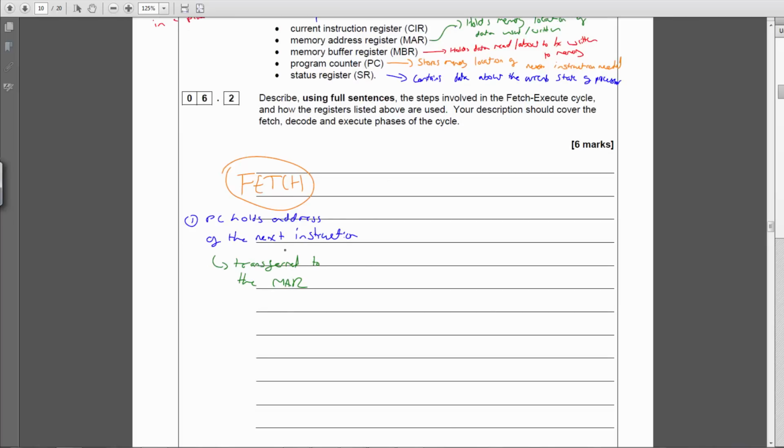So this address is transferred to this register, which is holding the current address to fetch the data from.